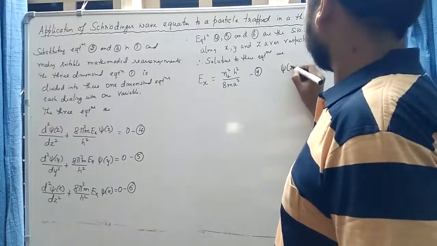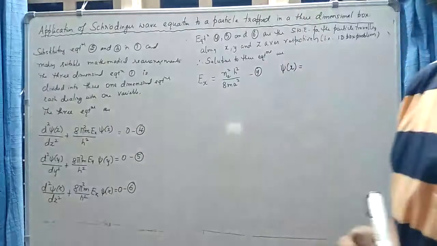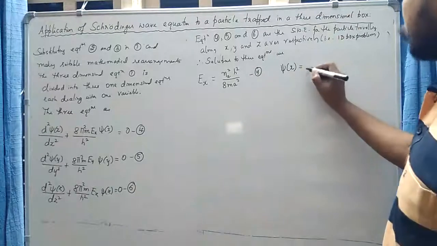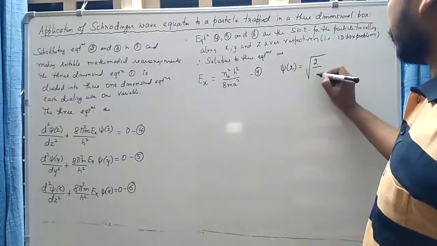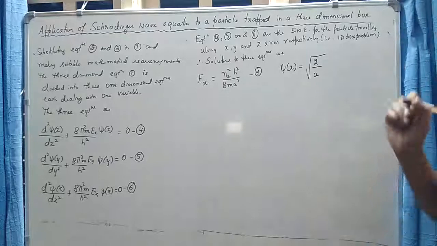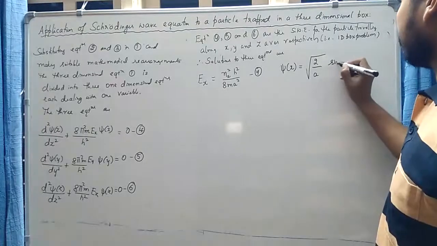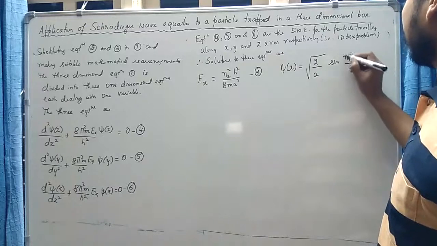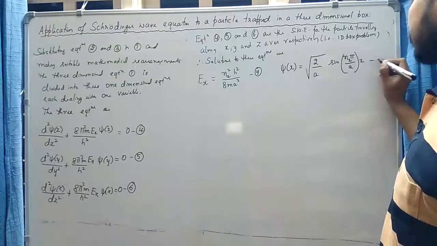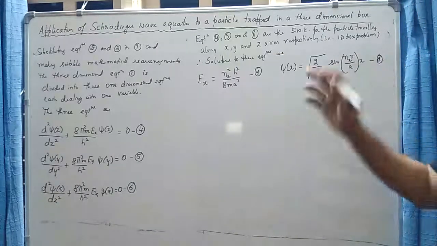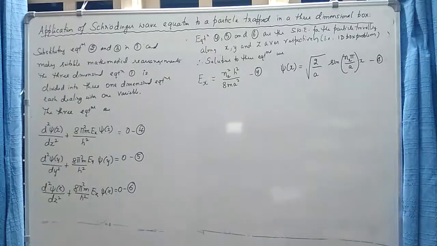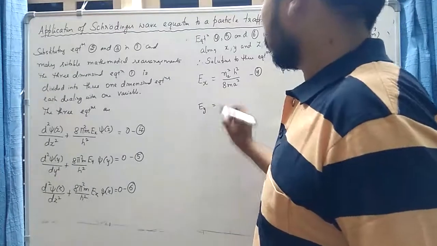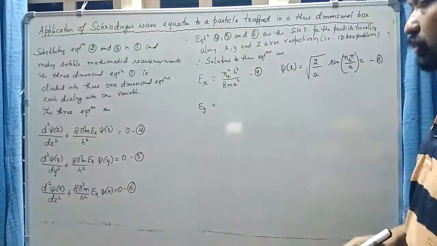The wave function for the particle representing the motion along x-axis is square root of 2 by a, the length of the box along x-axis, into sine nx pi by a into x. So these two are the well-known equations. Similarly, you can write the corresponding solutions to equations 5 and 6.